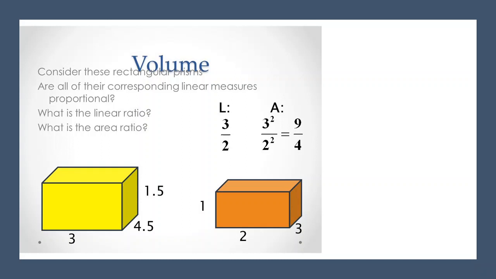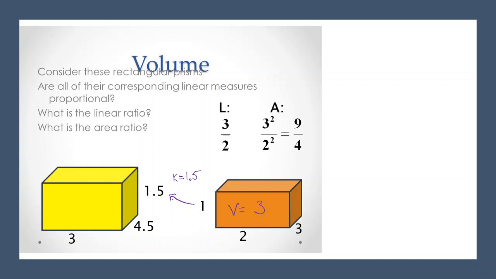They're simple to solve for volume because it's length times width times height. So in this one you can see it's 3 times 2 times 1 is 3. And if I just compare the heights, the K value is equal to 1.5.